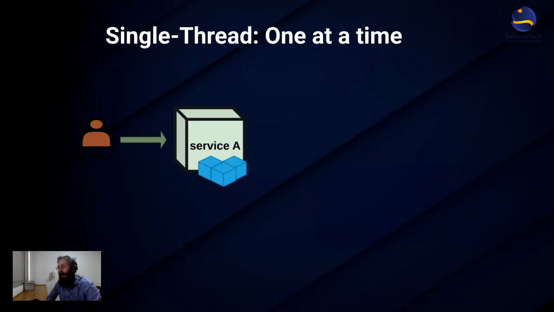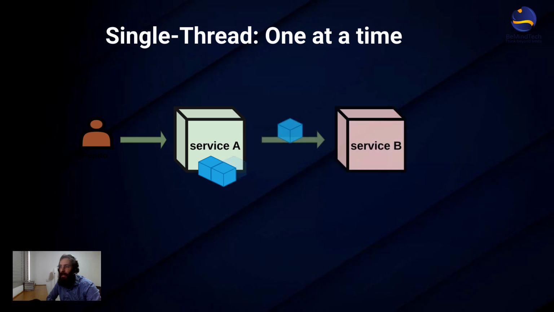For example, we have a client, a customer, that sends a request to a service A. After that, service A has three operations that need to be sent to a service B. But in this case, service A sends the three requests one at a time to service B.